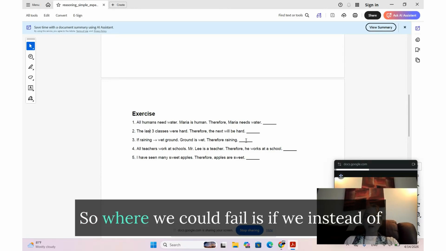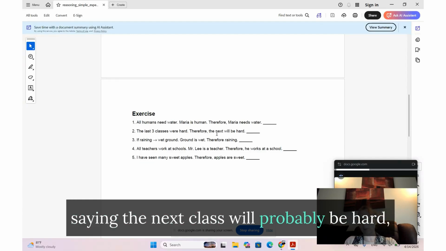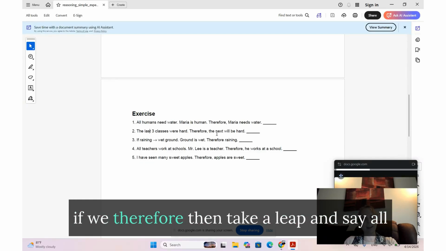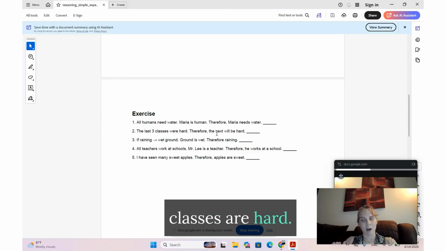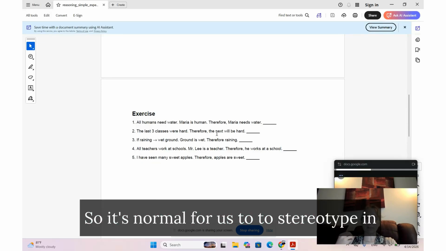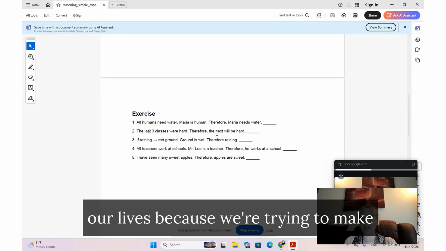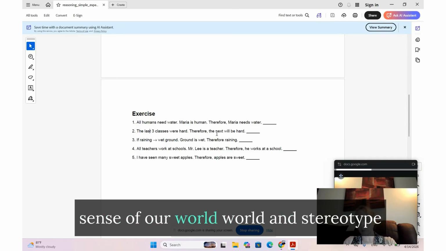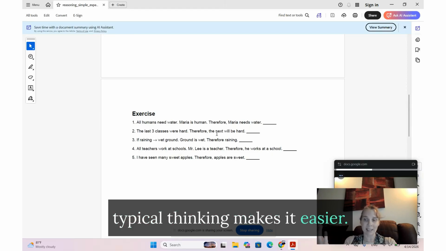So where we could fail is if, instead of saying the next class will probably be hard, we then take a leap and say all classes are hard. And that's not true. So it's normal for us to stereotype in our lives because we're trying to make sense of our world, and typical thinking makes it easier.